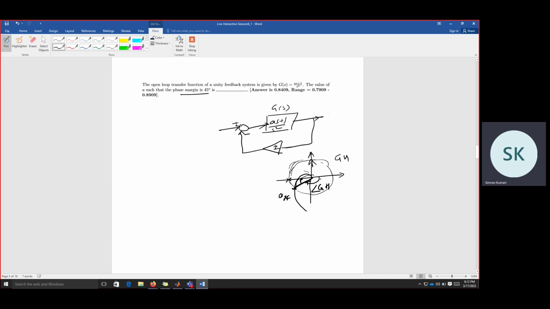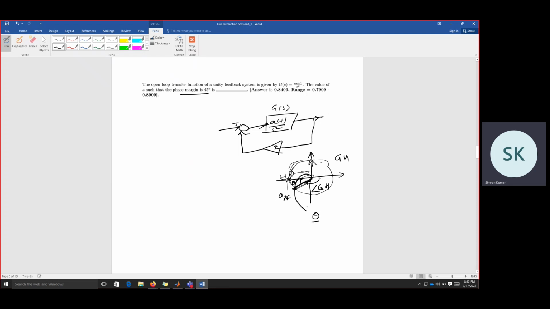So if a phase shift of this angle theta is given to this Nyquist plot, then it will pass through -1 + j0.